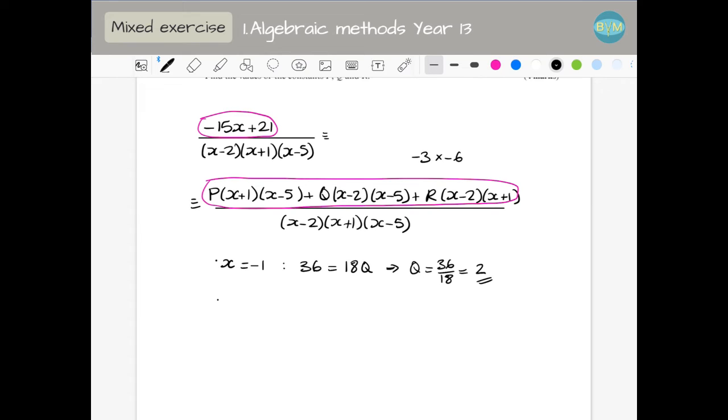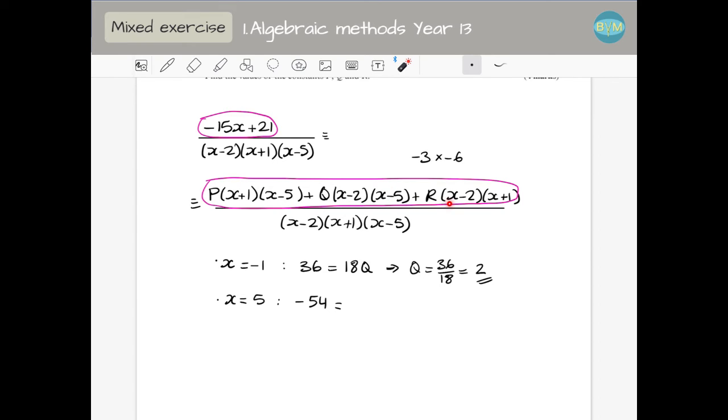Then if I substitute x by 5, I get this bracket 0 and this bracket 0, so I will have only r in my equation. So x is going to be equal to 5. Left hand side is going to be minus 15 times 5, which is minus 75, plus 21, which is minus 54. So minus 54 on the left side. This bracket is 0, this bracket is 0, and then I have this one.